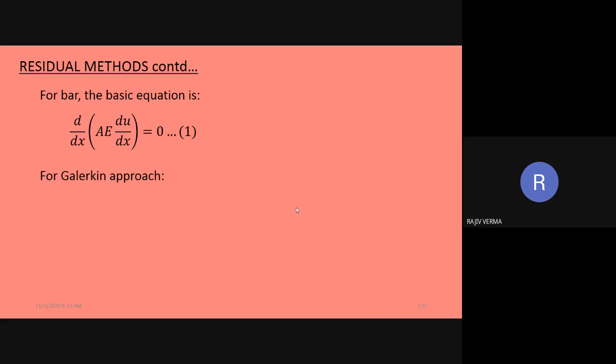Now for the Galerkin approach, we multiply the governing equation with the shape functions and integrate it over the domain. This gives a set of linear simultaneous equations which are solved together for finding the value of displacements.